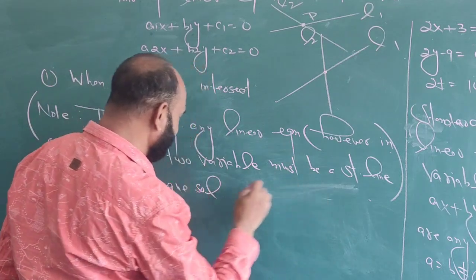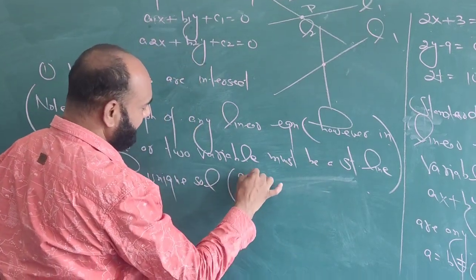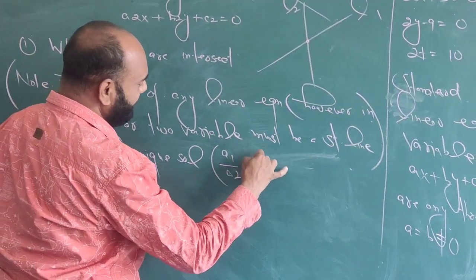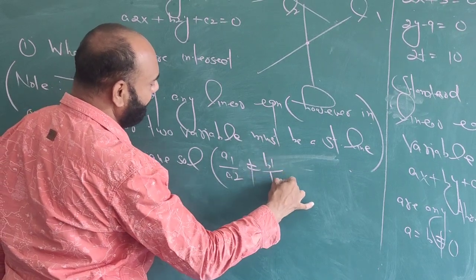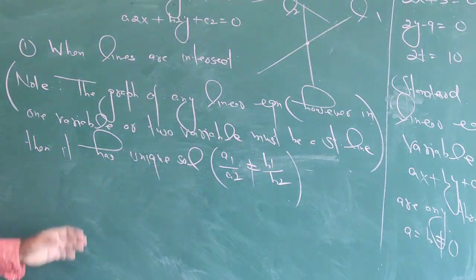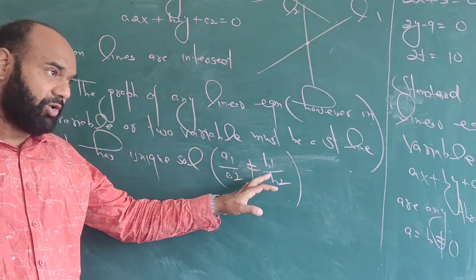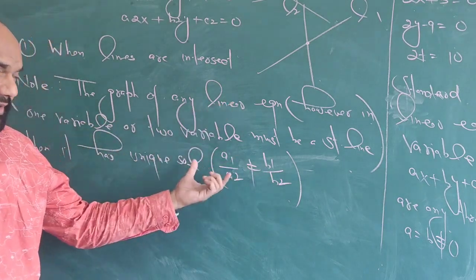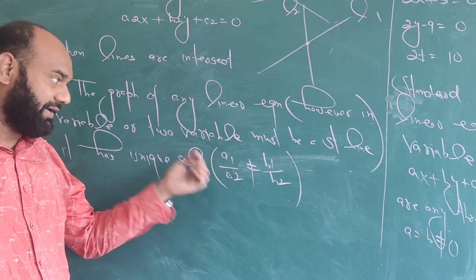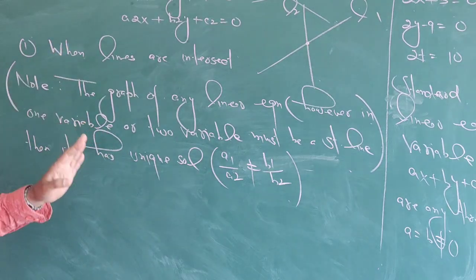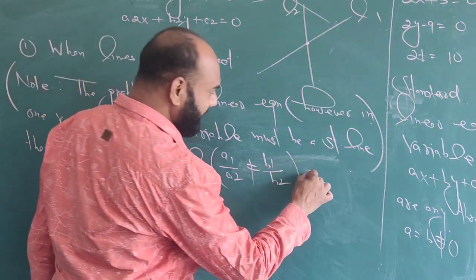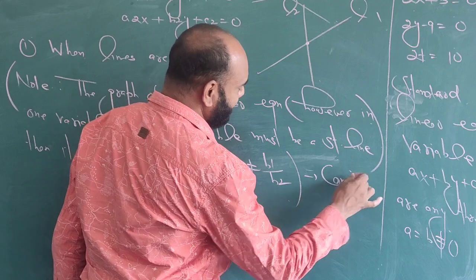And in this condition, a1 upon a2 is never equal to b1 upon b2. In the condition of unique solution, the ratios of the coefficients of the first two terms are not equal, meaning a1 upon a2 is never equal to b1 upon b2. This is also said to be consistent.